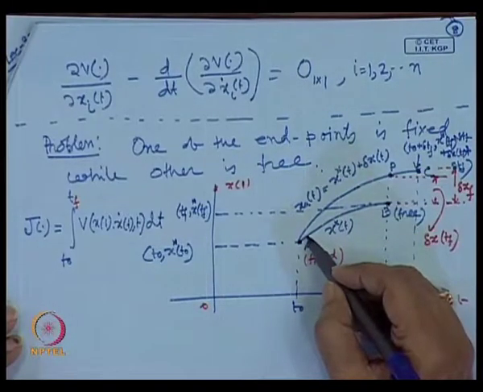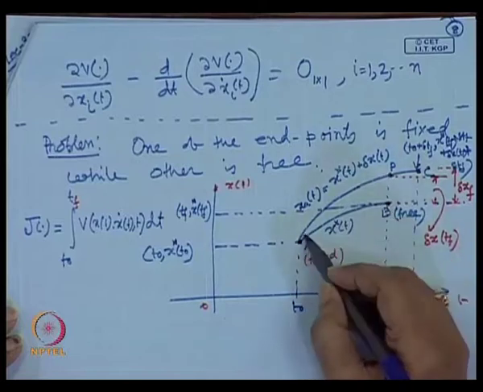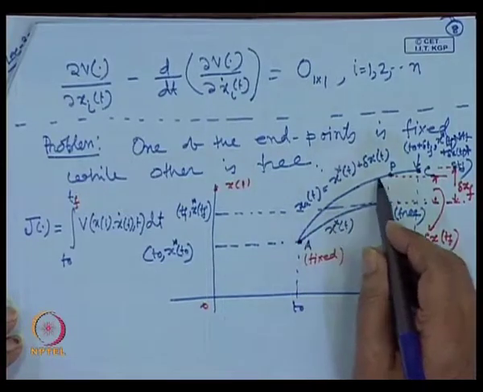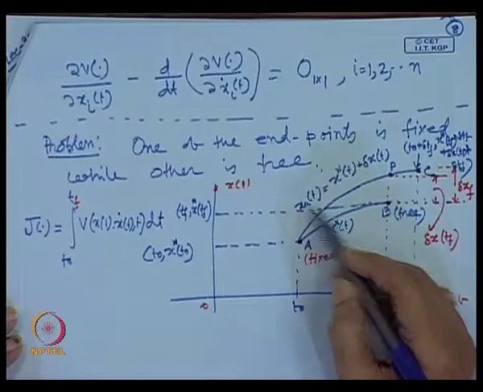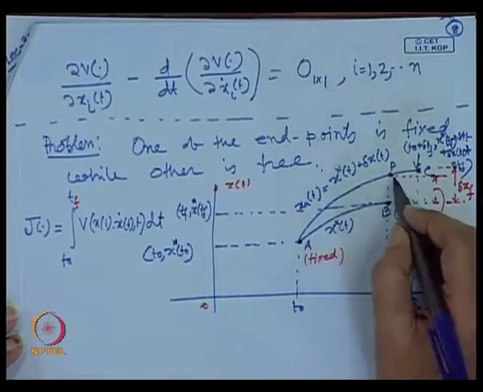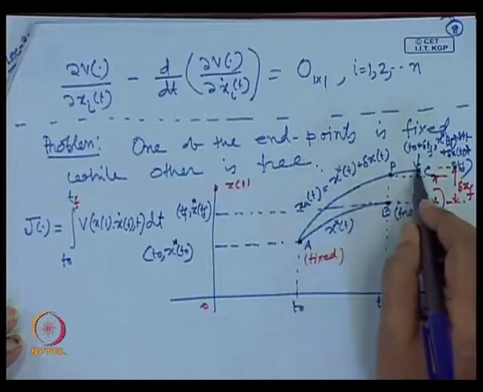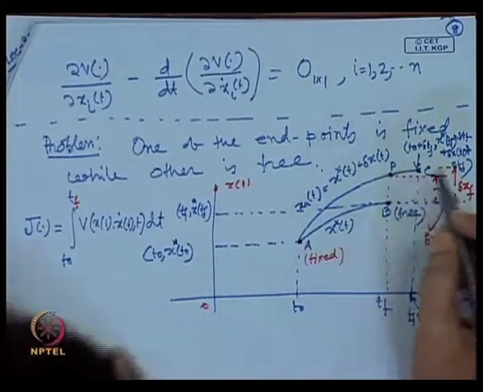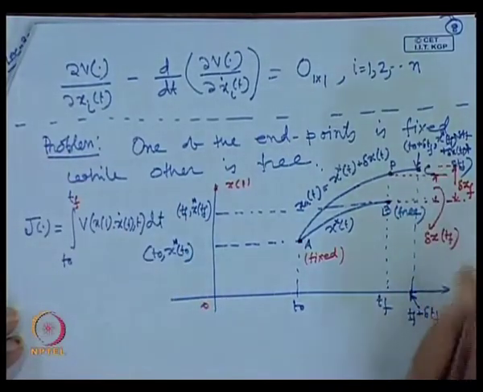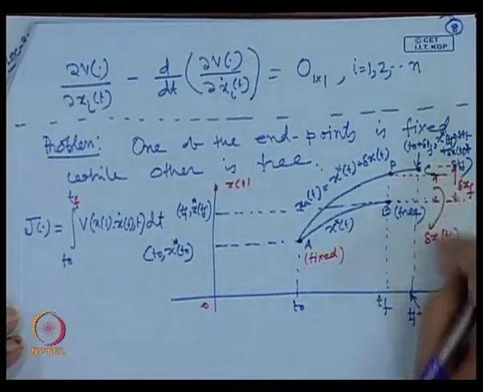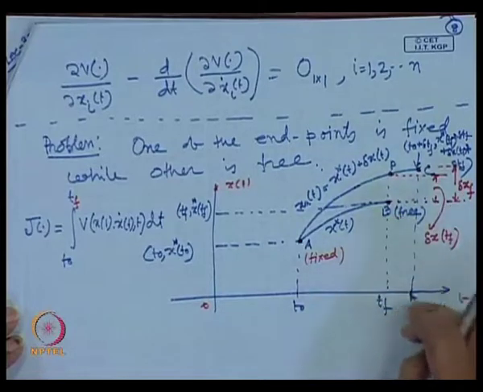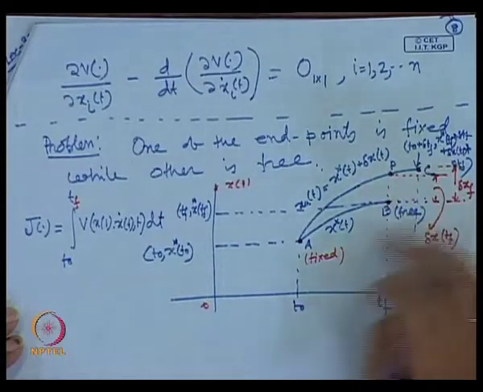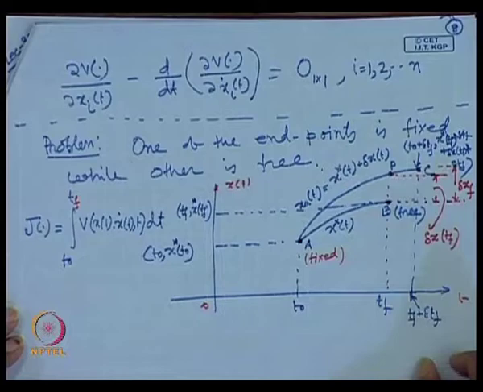Near this trajectory, we considered another trajectory, x star plus delta x of t, using the same notation as earlier.